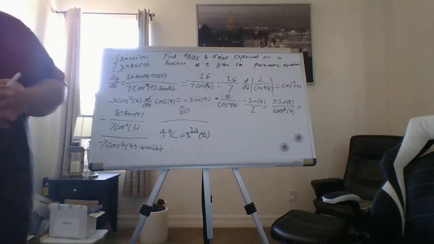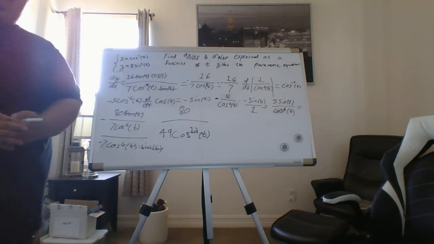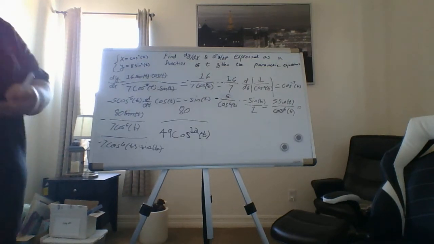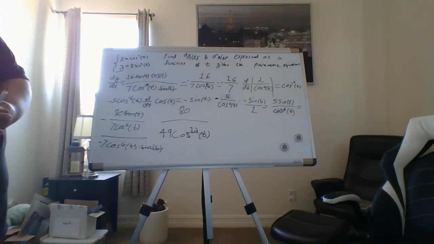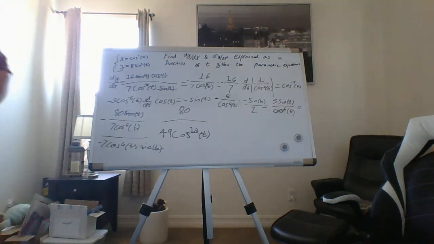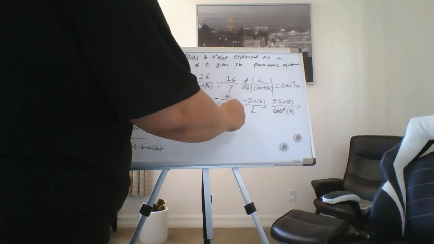Pretty cool. Now, this is where you end. This is the second derivative: 80 over 49 cosine to the power of 12 t, which is a mouthful, but is also our second derivative.